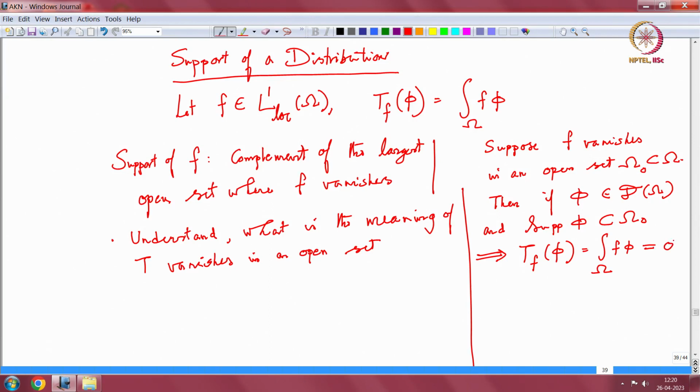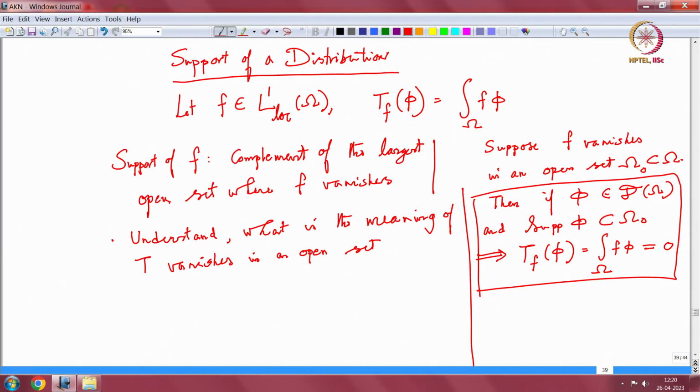So, if you have seen my earlier discussion in the beginning, the vanishing of a function f is equivalent to this fact: if the integral of fφ over Ω is 0 for all φ in D(Ω) with support of φ in Ω_0, then f will be 0. So, this is a defining condition of f vanishing.